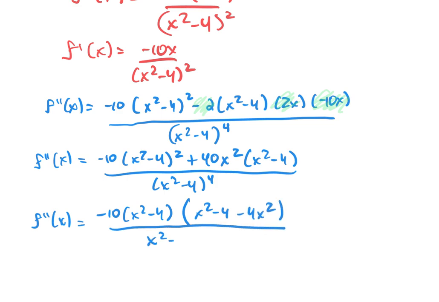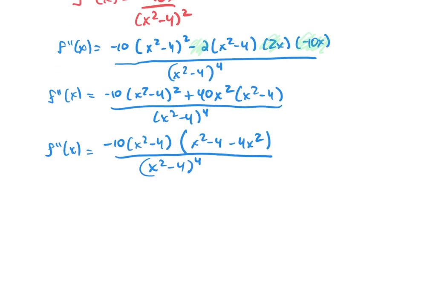And so from there, you'll notice that this will cancel one of these, drops that down to a 3. So that would be negative 10.